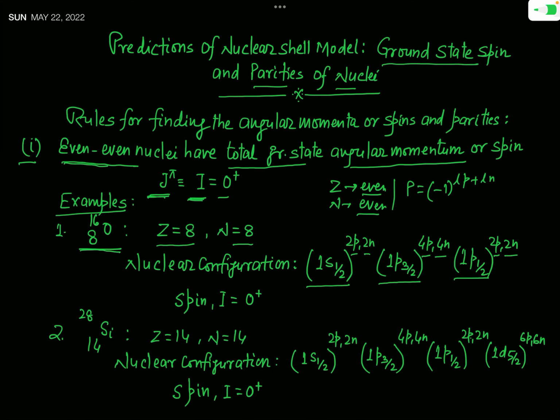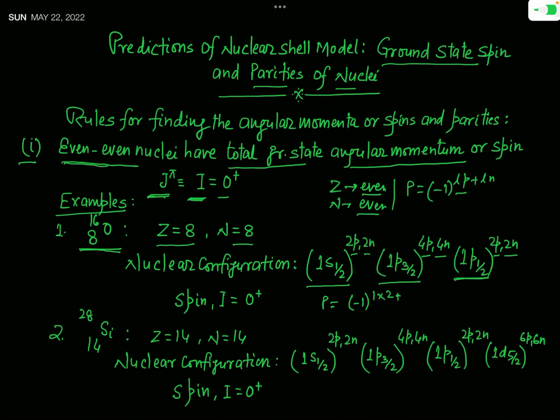Now you can see the last proton and last neutron of this nucleus are actually in this subcell 1p1/2. And if you want to find the parity, what will the parity be? You can see the parity will be equal to (-1) raised to the power L times P. For the P subcell, L is equal to 1, and P means the number of protons in the last subcell, which is equal to 2.